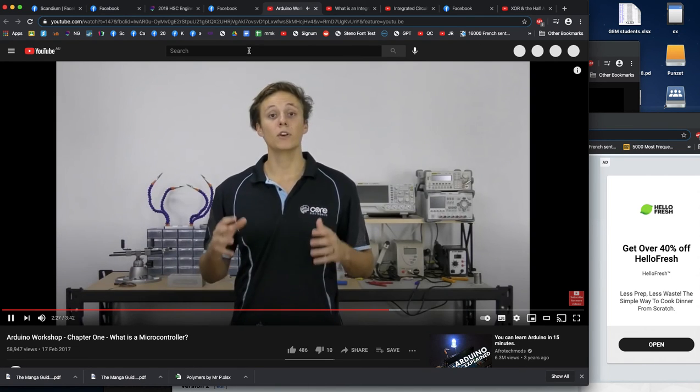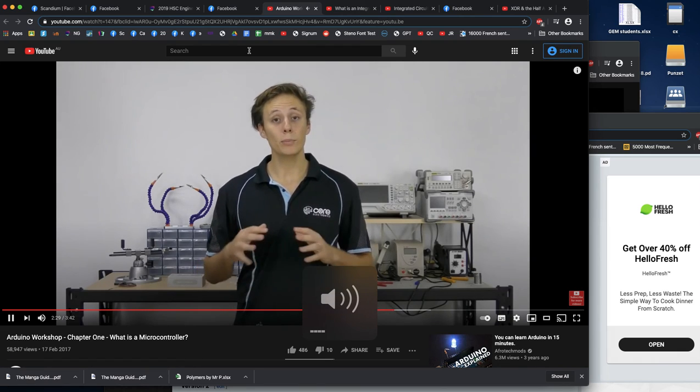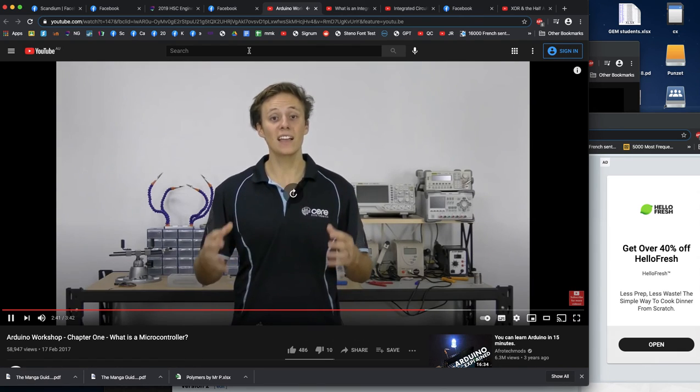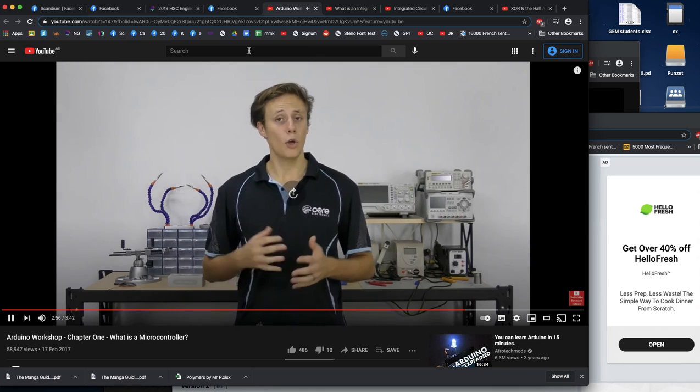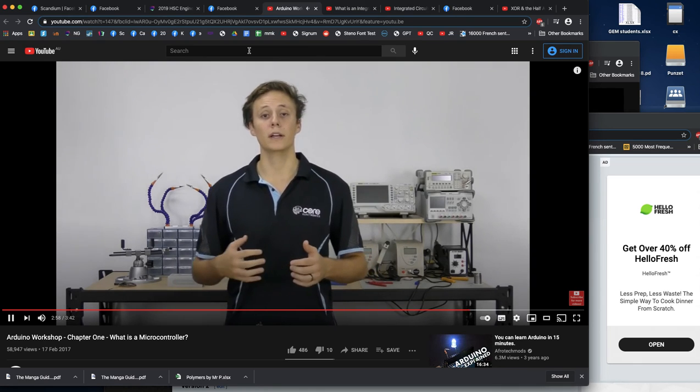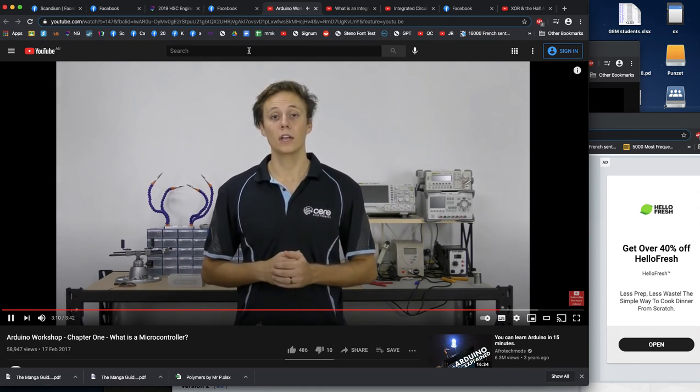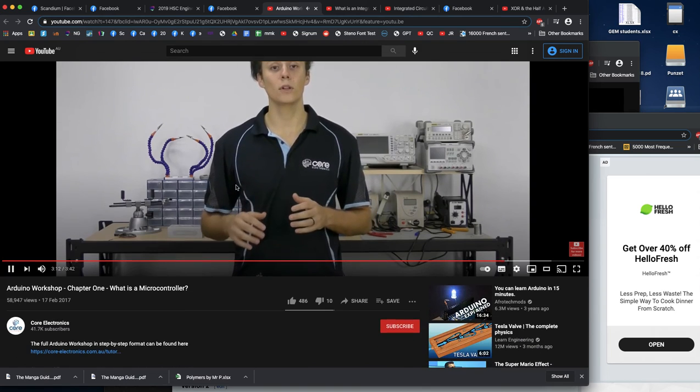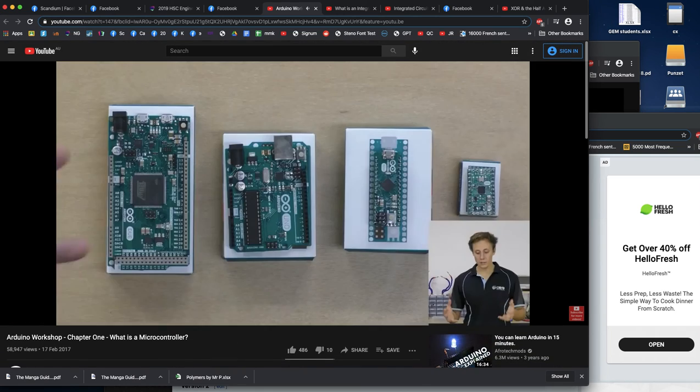If you want to borrow some and you want to play around with them, I think they're a great opportunity. So a lot of you will have already used Arduinos in junior technology, and we've also used micro:bit microcontrollers, which are a similar thing, but they're more streamlined. These are just totally reprogrammable.